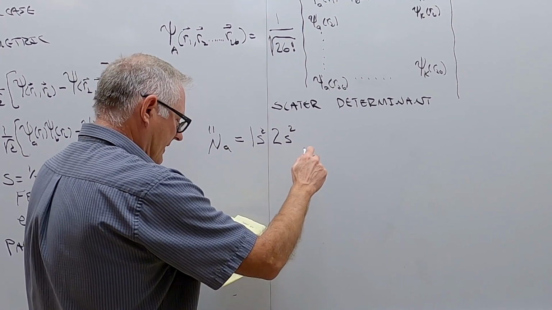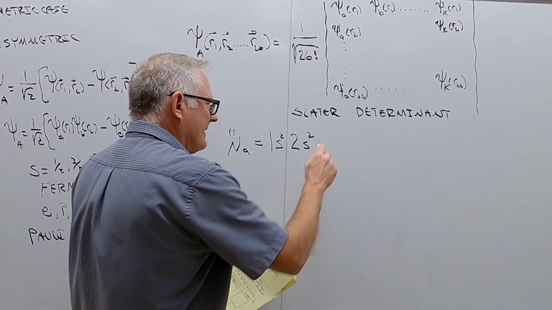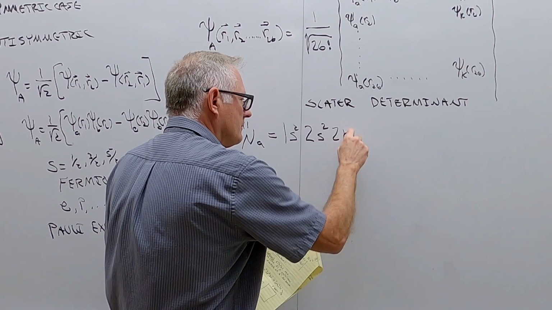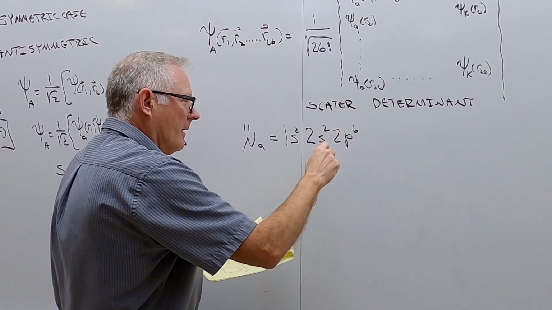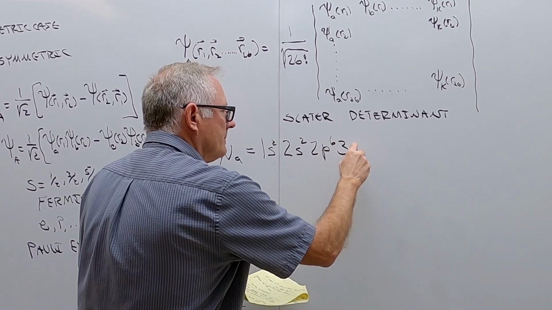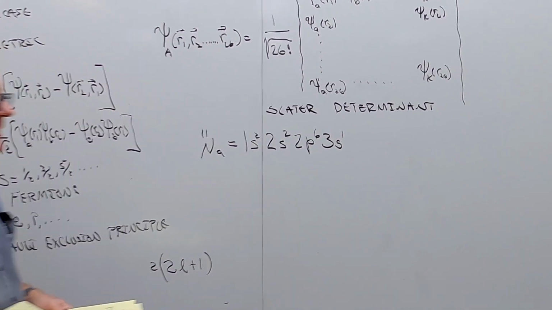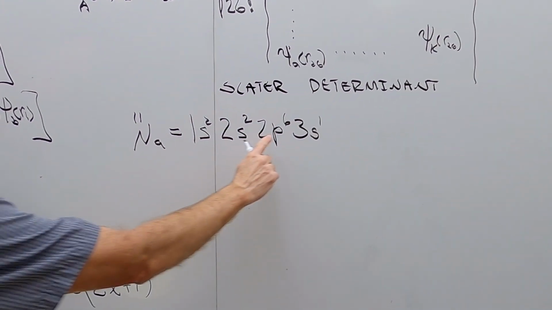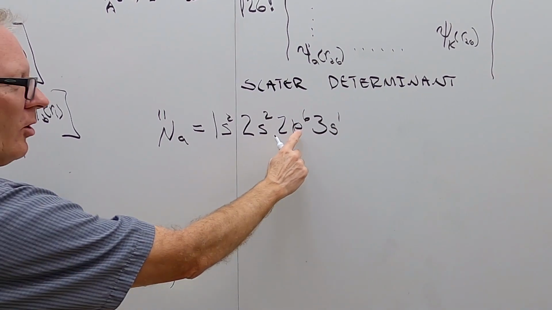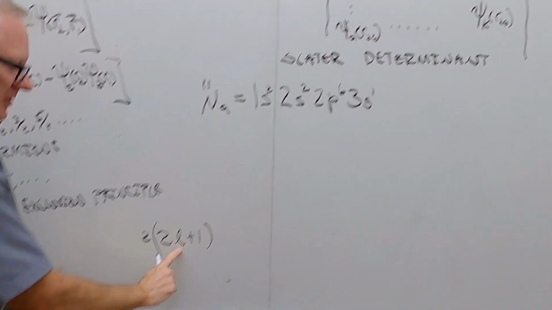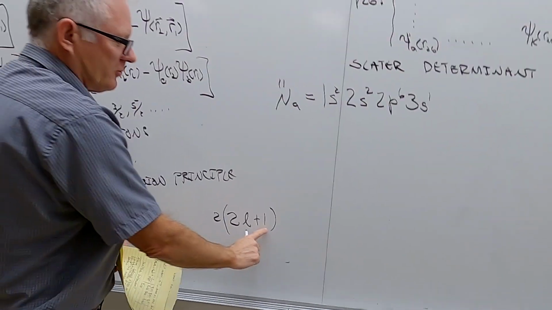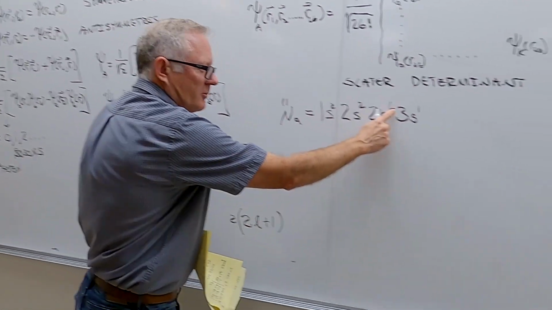2s2. And then you get 2p6, and then 3s1. Again, l is equal to 1 there. 1 times 2 is 2, plus 1 is 3, times 2 is 6. So that's where the 6 comes from.